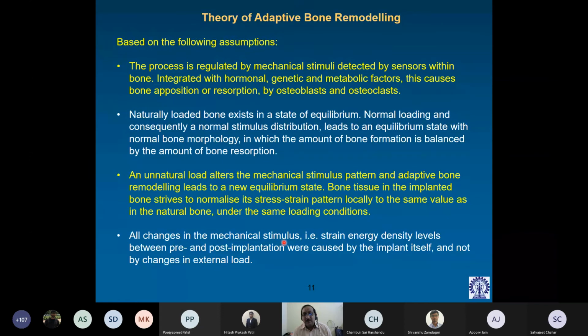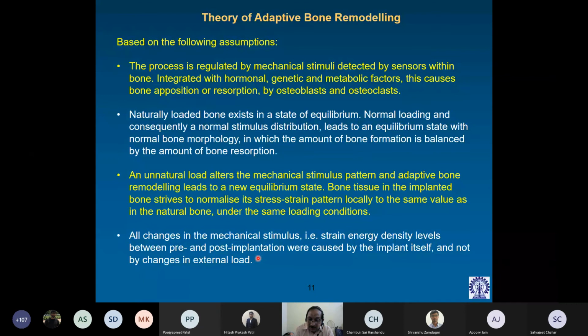All changes in the mechanical stimulus are assumed to be caused by the implant itself and not by changes in the external load. So when we try to establish this theory in the form of a mathematical equation, we assume that the intrusion of the implantation is solely responsible for changes in the mechanical environment, not changes in external load.